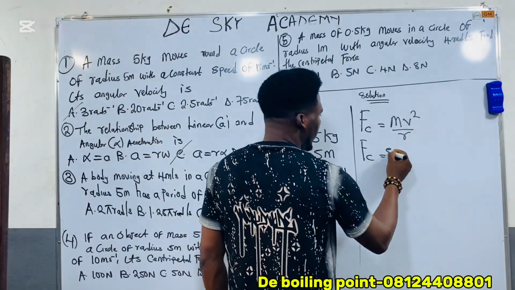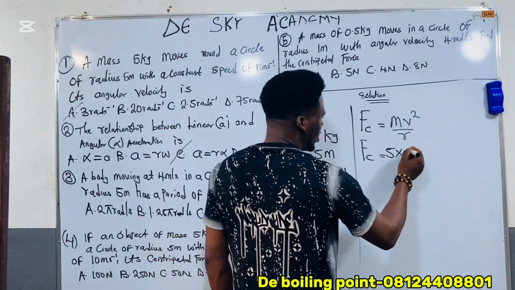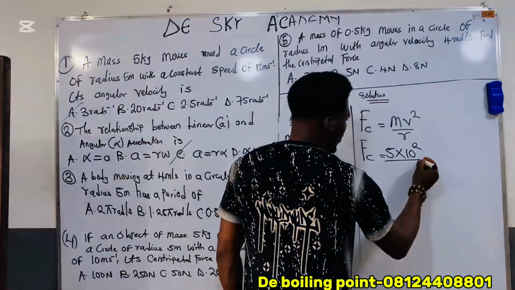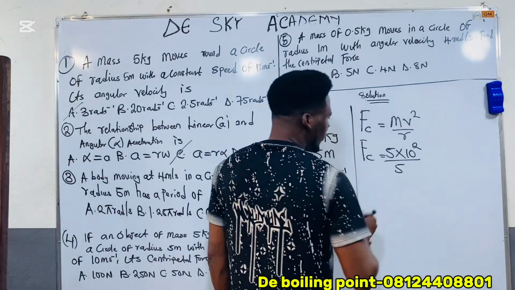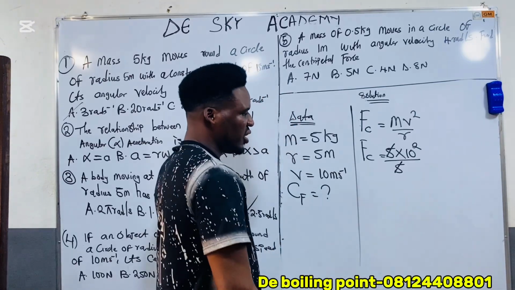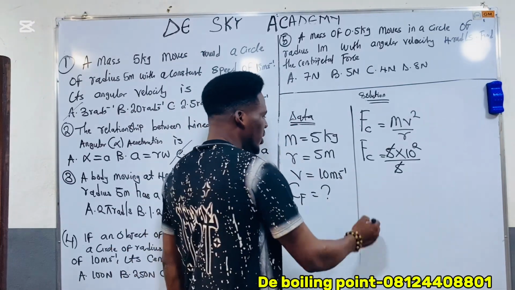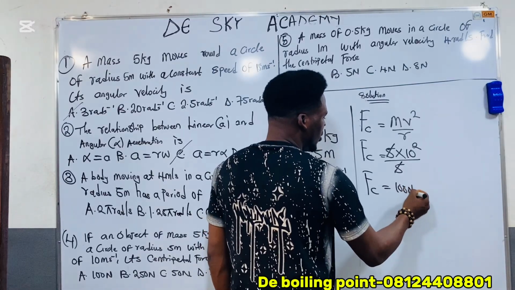The mass is 5 times, did they give us velocity? Yes, which is 10 square, all over, did they give us radius? Yes, which is 5. Therefore, this 5 we cancel this 5. What is 10 square? 10 square is 100. So that means the centripetal force here is 100 Newton.